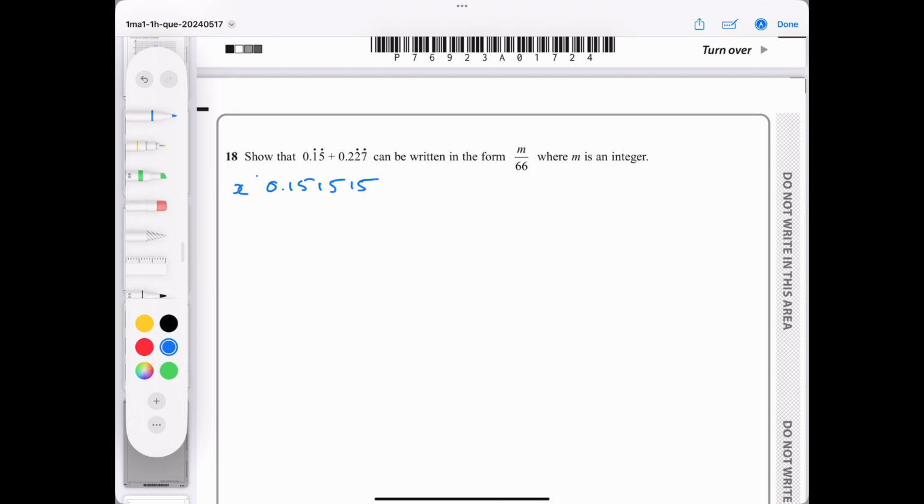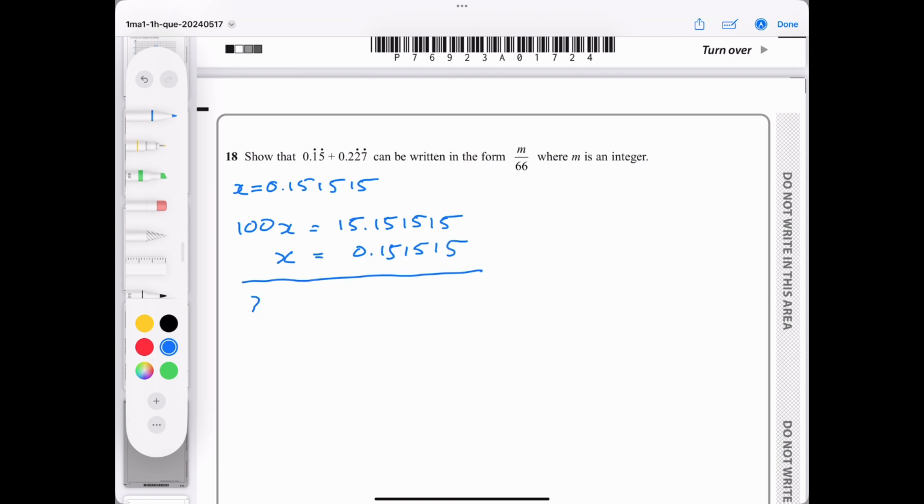So x equals that. So we're going to make 100x so we can get that out. So 100x would equal 15.151515, etc., and x equals 0.151515. So we've got them all lining up, which makes me very happy.